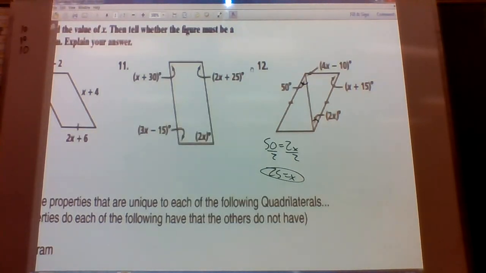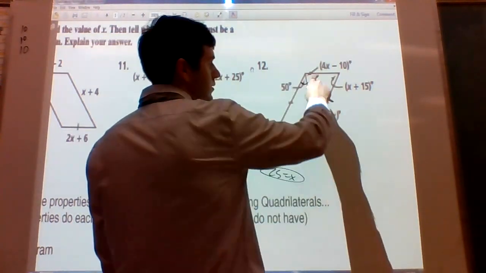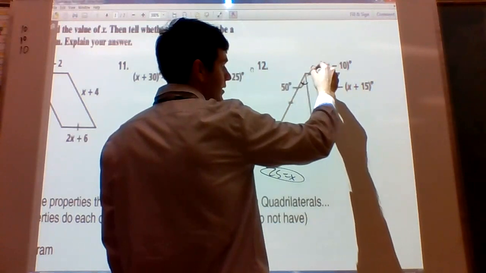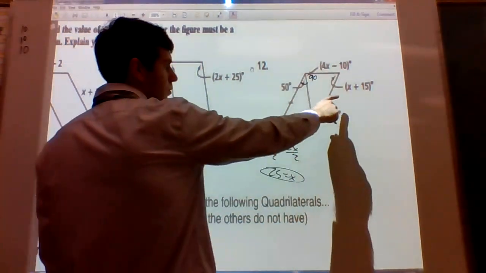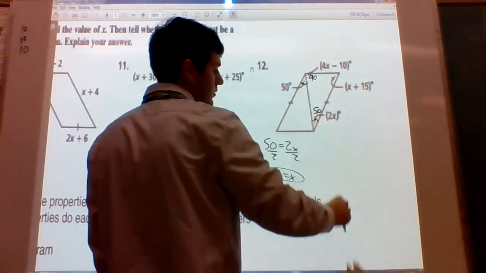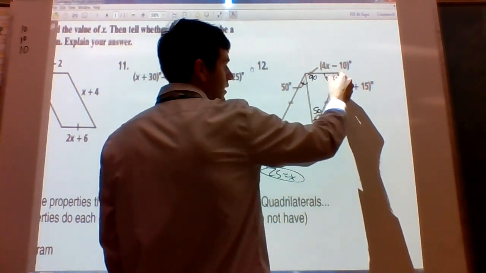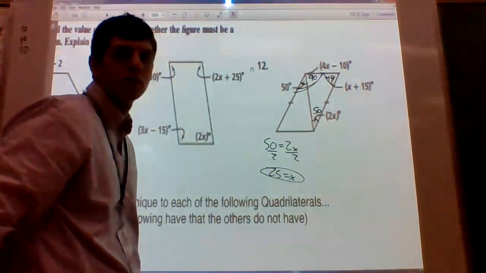So we substitute that in. We can see if it's going to work. 25 times 2 is 50. 4 times 25 is 100. 100 minus 10 is 90. And then 25 plus 15 is 40. So this angle is 40. This angle right here has to be supplementary.